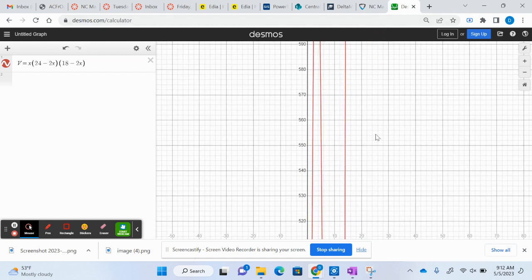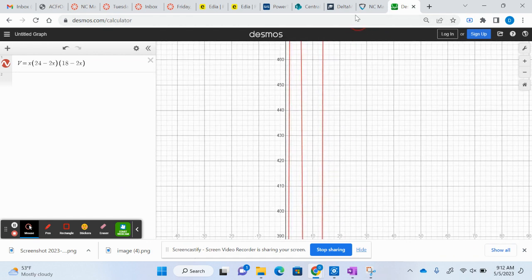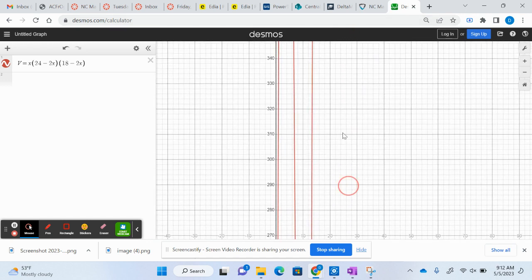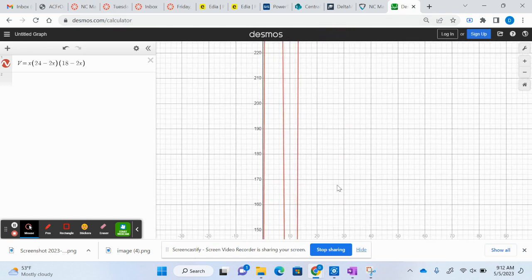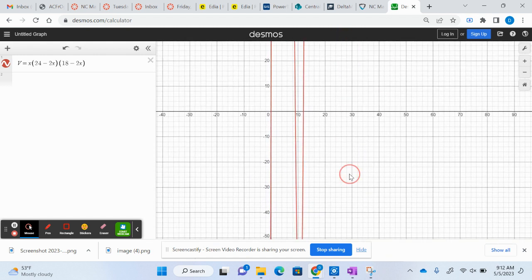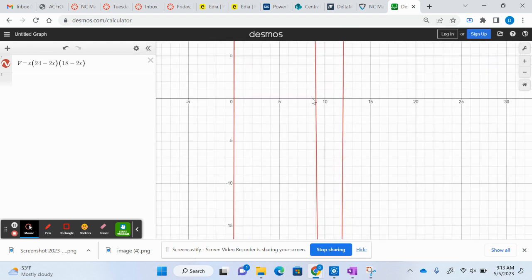Okay, so now let's go back to our graph and talk about this domain thing. What's happening down here in the domain? Remember that when we used 9, we got some 0 values for our inputs, and that doesn't make a whole lot of sense. So when I go down here to my graph, I'm going to expand it so you can see that when I let X equal 9, when I cut out a box that's 9 by 9, I have a volume of 0.